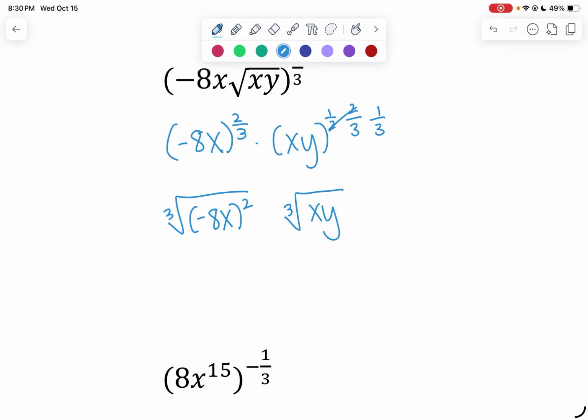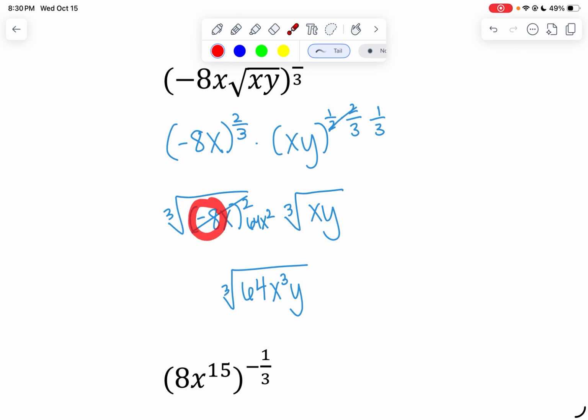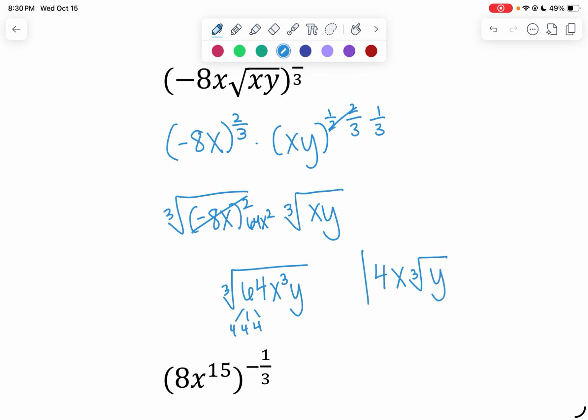That's 64x squared. So that would be 64x squared times xy. So this would be the cubic root of 64x cubed y. And if you know your cube roots, or if you caught that the cubic root of negative 8 is negative 2 and 2 squared, that would break down into 4. The cubic root of x cubed would be x. So this would become 4x, the cubic root of y.